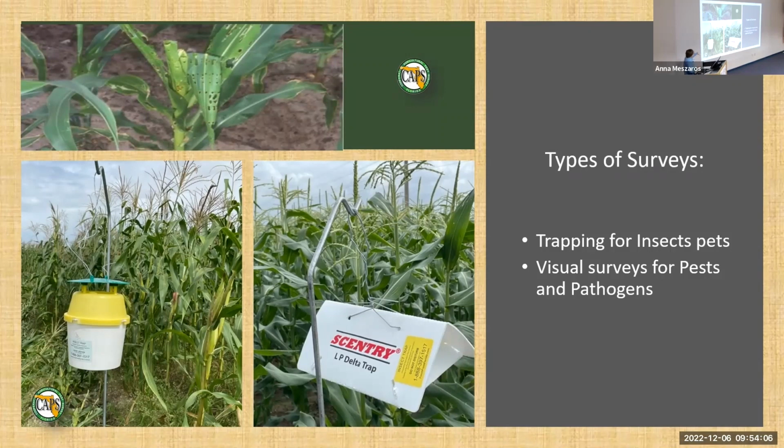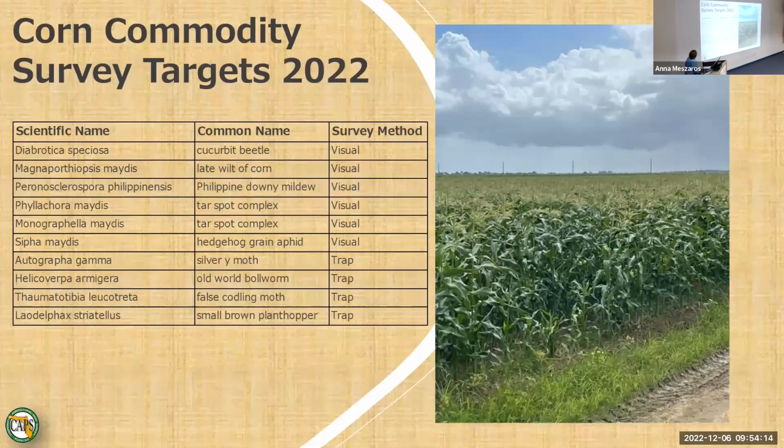But basically, these days, we are using those 2 traps. And here in this table, I want to show you the scientific name, the common name, and the type of survey we are making right now. We do visual and trap.